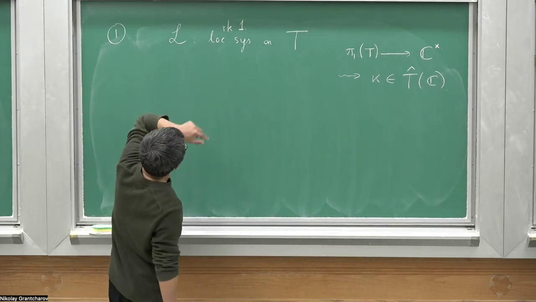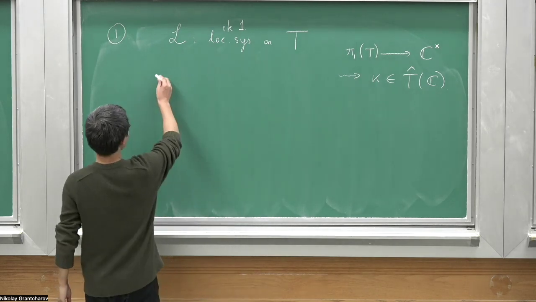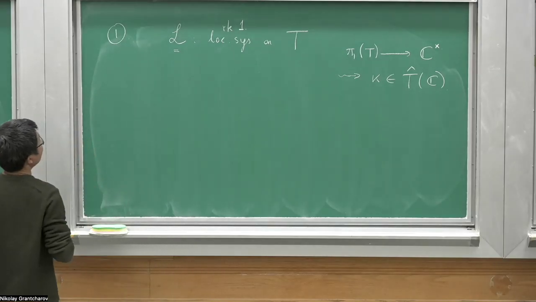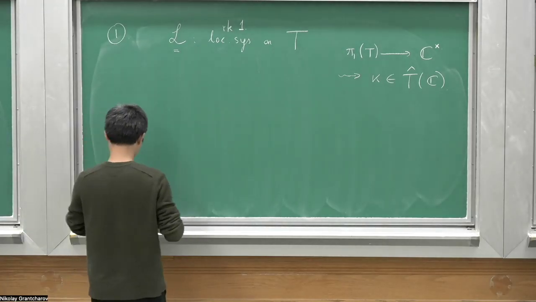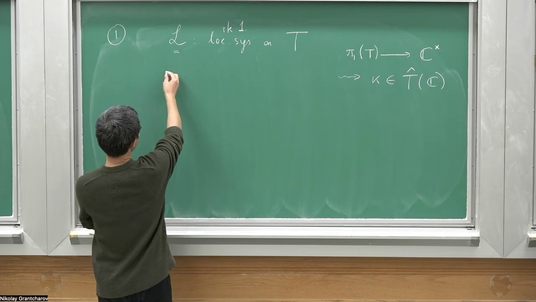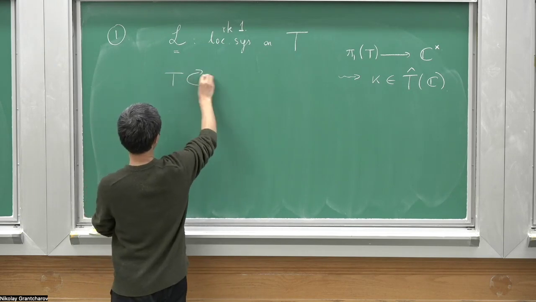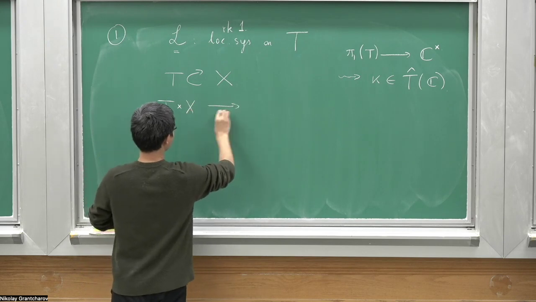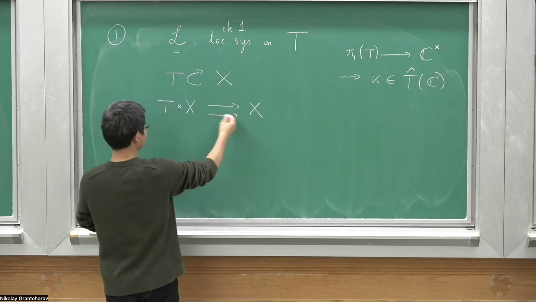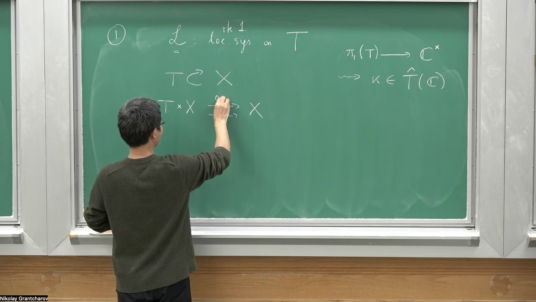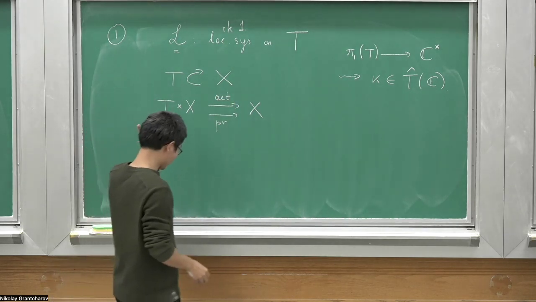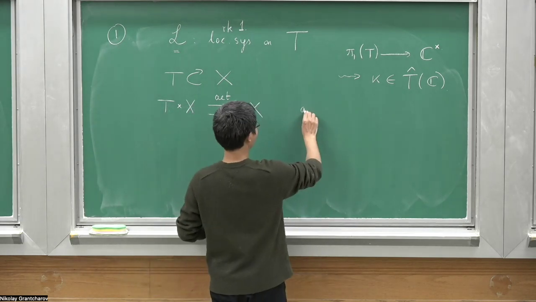So what do we mean by a sheaf that's equivariant with respect to this L? Naively, suppose I have a T acting on X. The usual equivariance says the pullback by the action map is given an isomorphism.